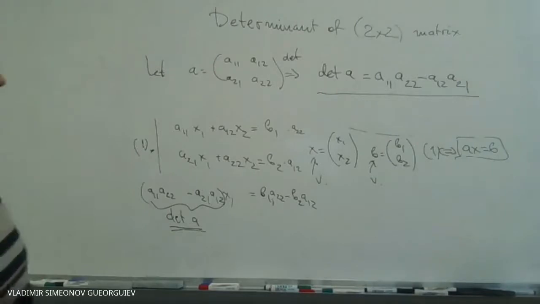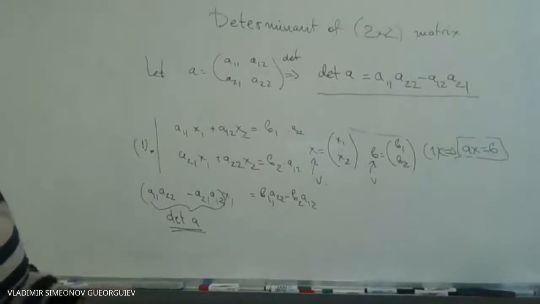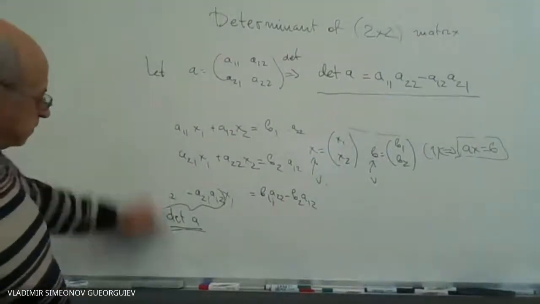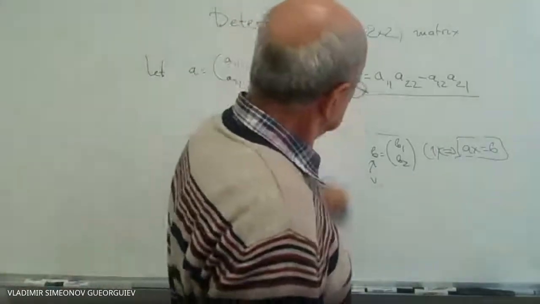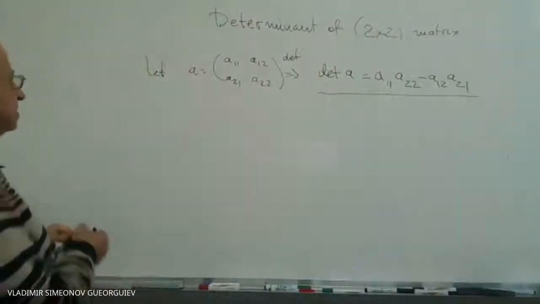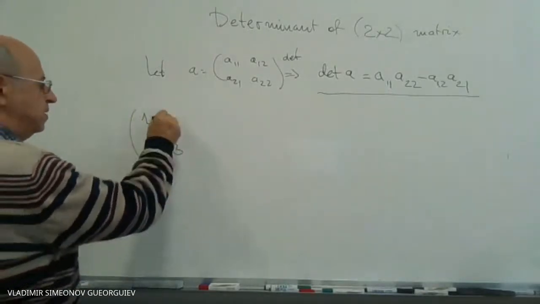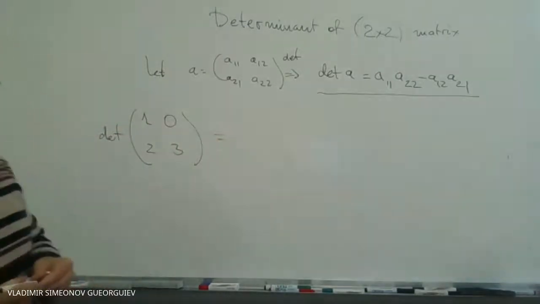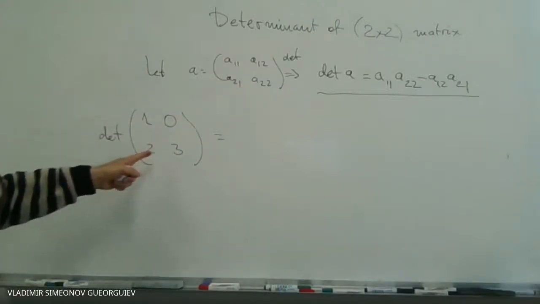Okay, now we have some very important property. As usual, we take an example and then make conclusions. In our basic starting point, we had 1, 2, 0, 3. What can we say about the determinant of this matrix? How is it computed? We use this definition and say this is 1 times 3 minus 2 times 0.